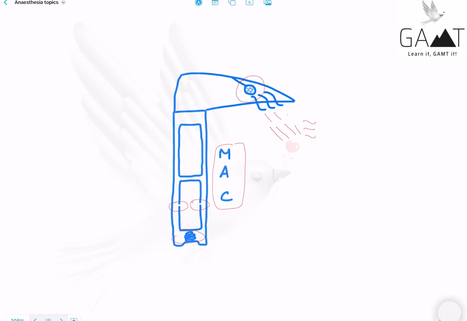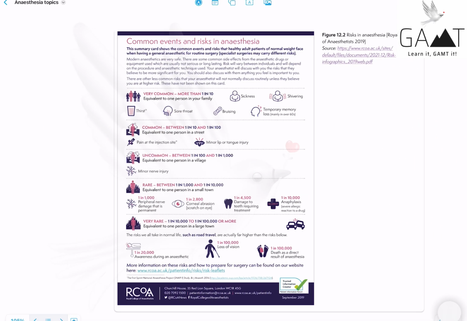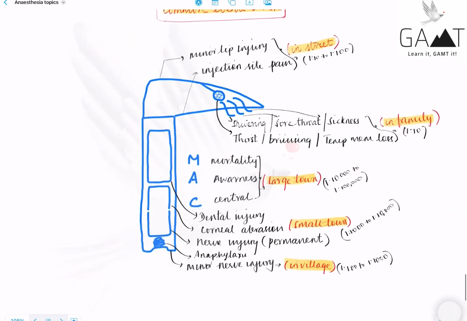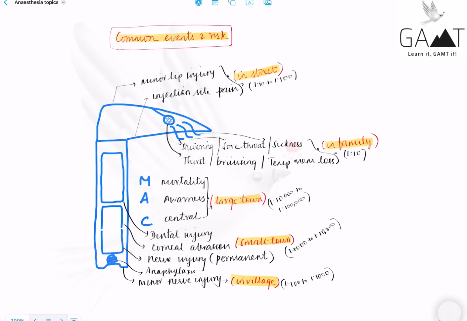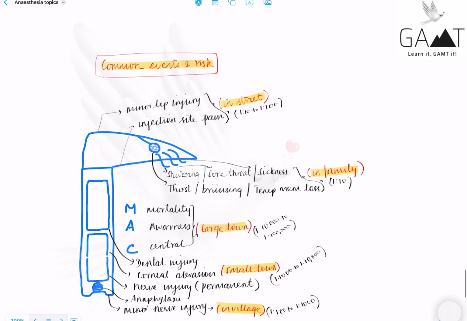Great. Now let's see how this Mac blade contains all the information from this infographic. Okay, let's go. Let's start from this part here. This S here, the light from the bulb, 3 S's. It stands for shivering, sore throat, and sickness.